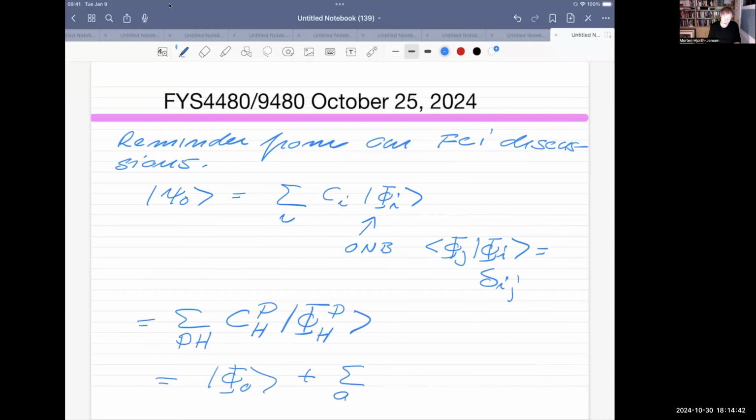So we have a one particle, one hole excitation, where we have a coefficient CIA, and then we have the Slater determinant phi IA, which represents a one particle, one hole excitation. And then this continued till the final n particle, n hole excitations. In case we have n particles, we can make n particle, n hole excitations.